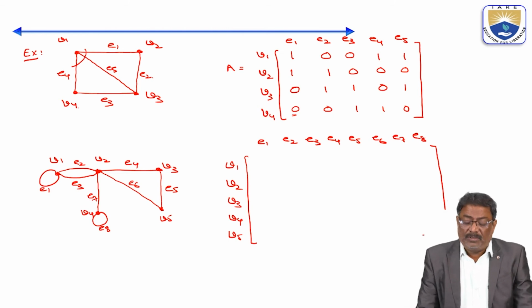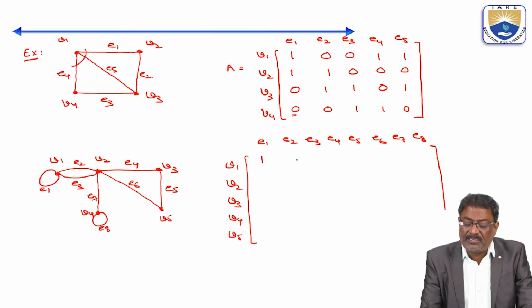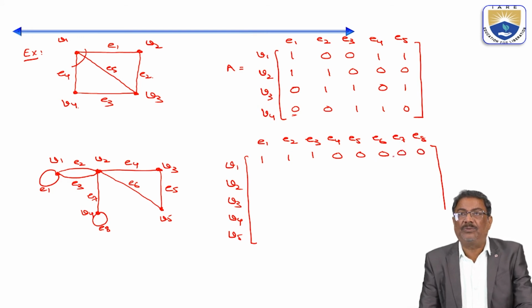Now V1, if I am considering, it has E1, E2, E3. That's all, and the remaining are not incident to that vertex, so zeros.